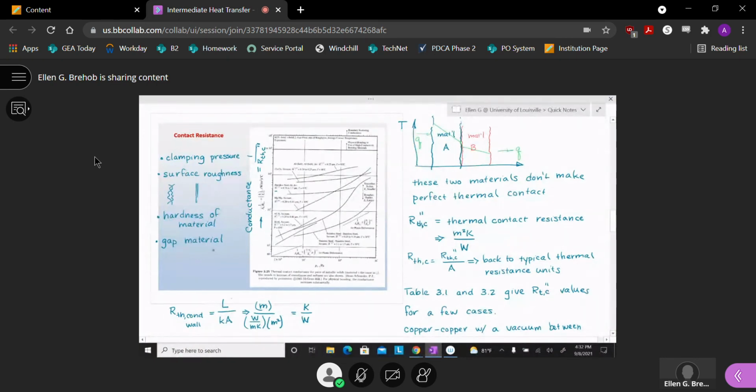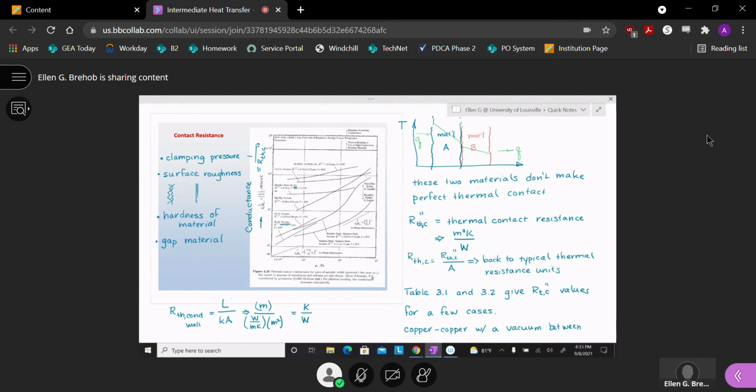A fourth thing that it has specified is what is in the gap. This is really tiny, but hopefully you can see. This says vacuum, and this says air in the gap, and maybe those are the only options in this table.